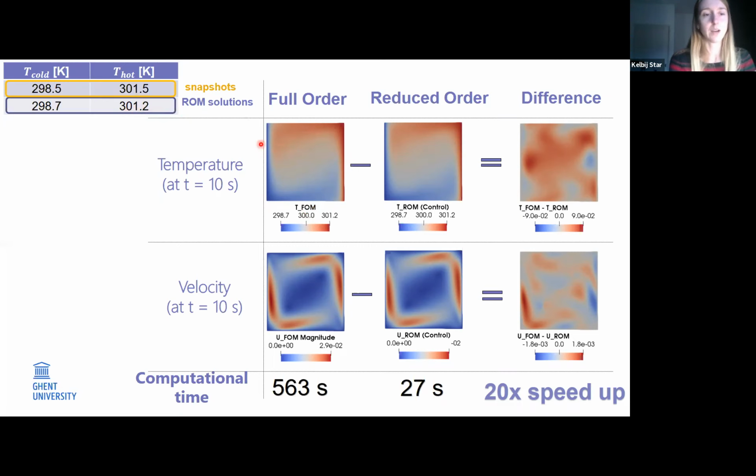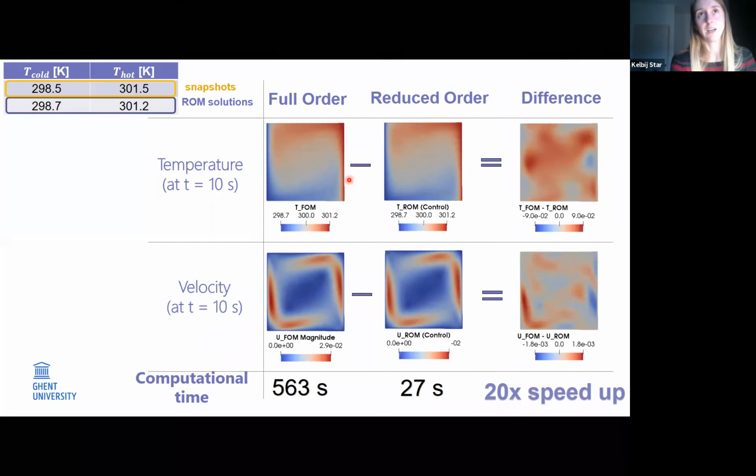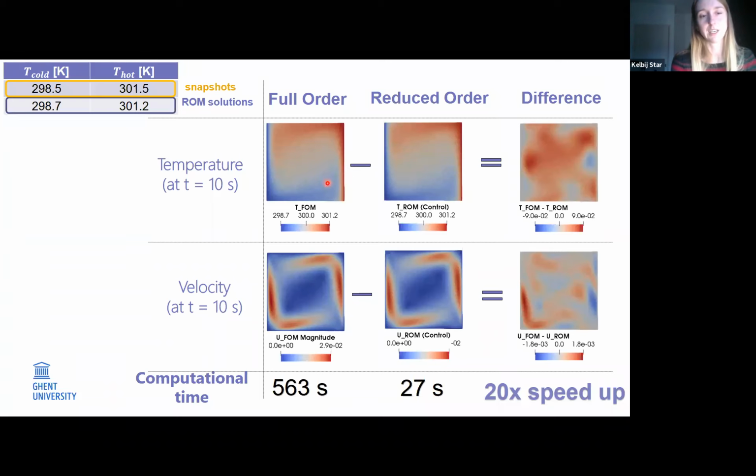Now I'm training using this type of solution, so that even the flow field for this side is more or less contained in my POD modes, and I can use my reduced order model to solve that. But if I use a snapshot just for the case where I have one hot side, then what's happening on the cold side is not contained in my POD modes, so my reduced order model won't be able to solve for that.